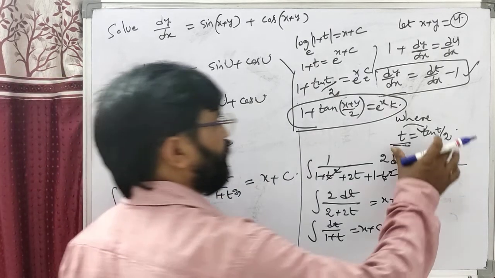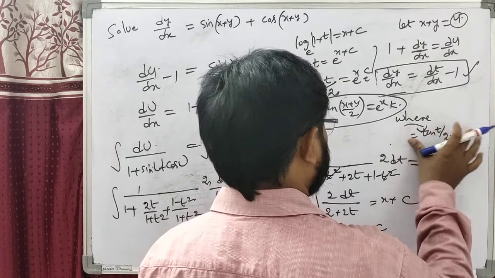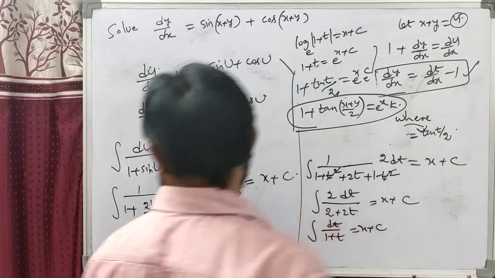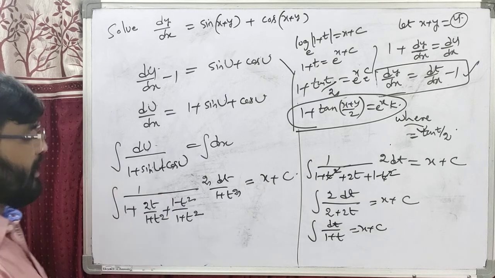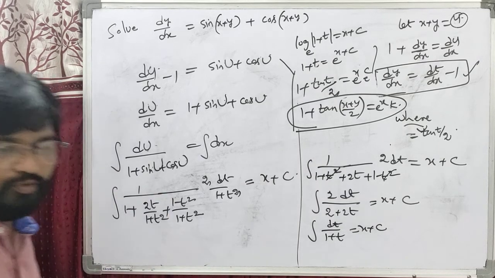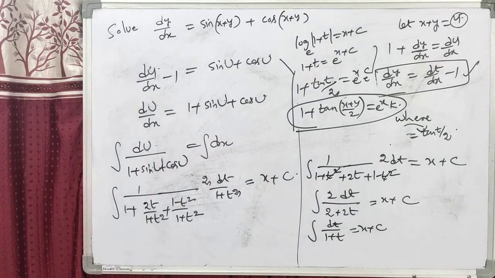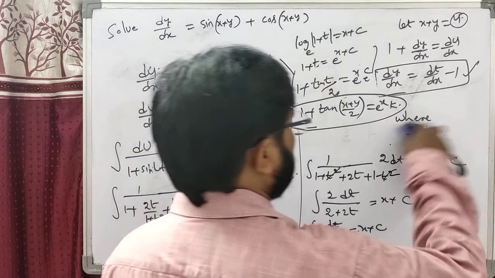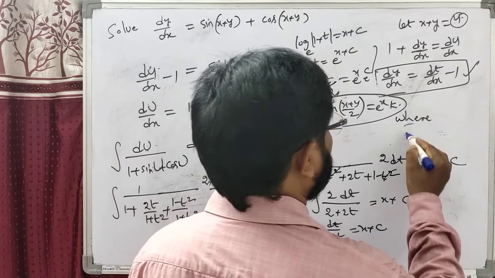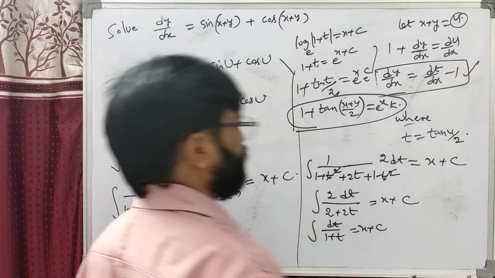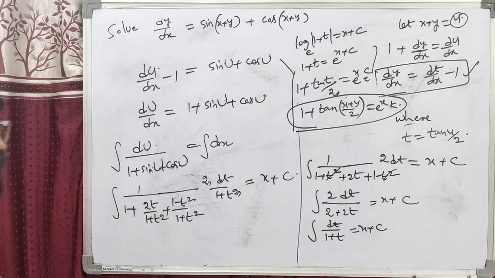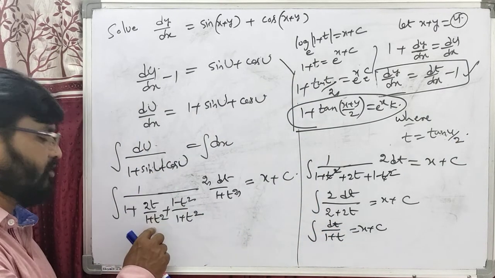Where t equal to tan of u by 2, sin u is 2 tan u by 2 by 1 plus tan square u by 2.